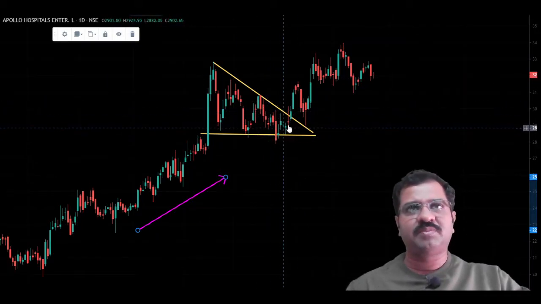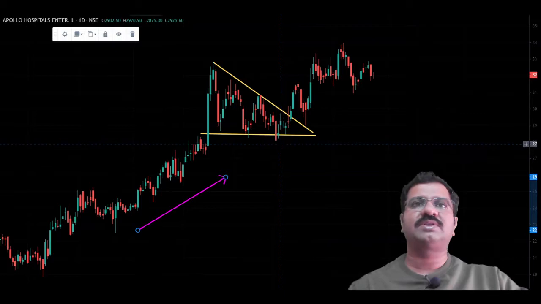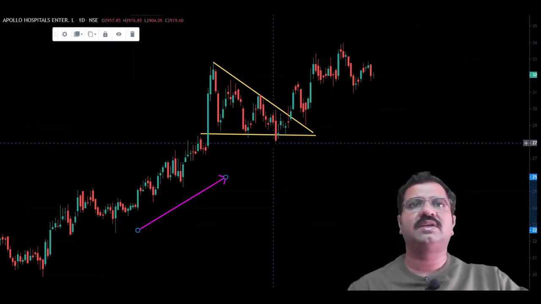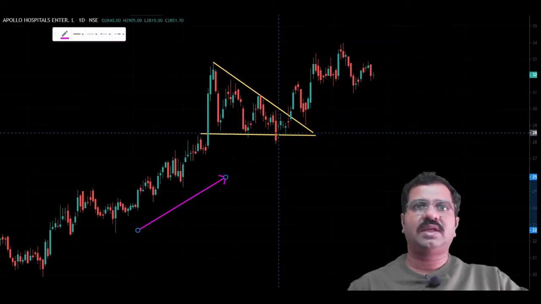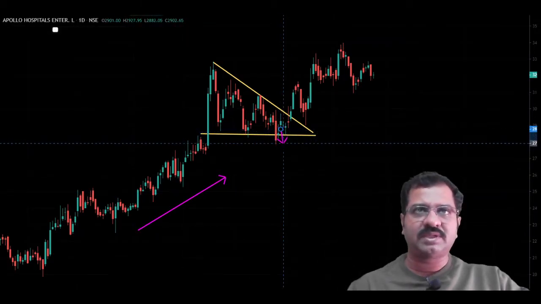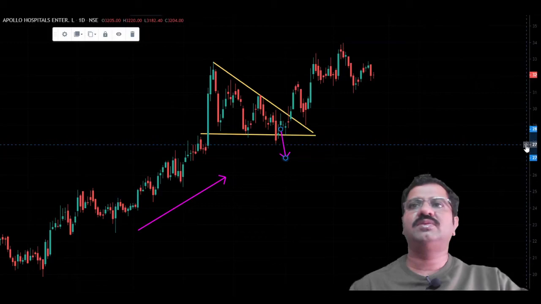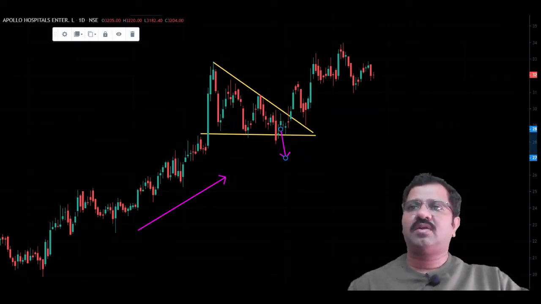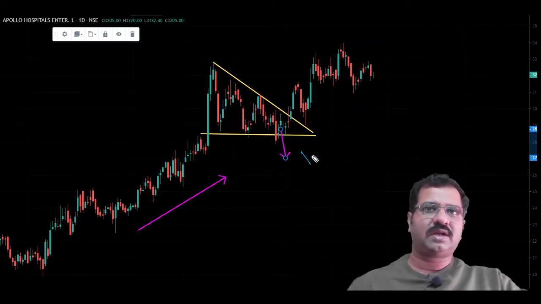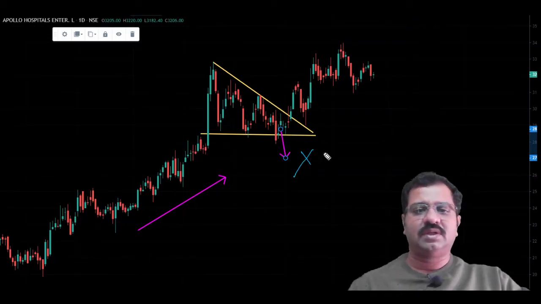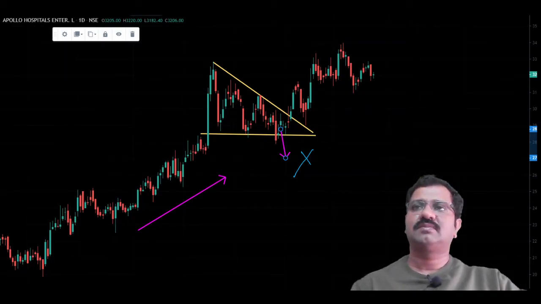When price breaks out on the upper side, you should not take a trade if price comes down like this. Don't take a trade in this condition. No trade.